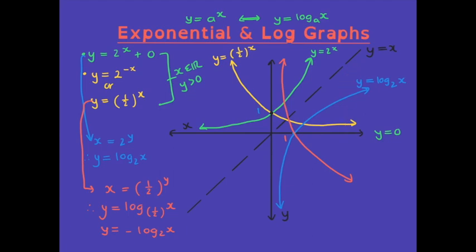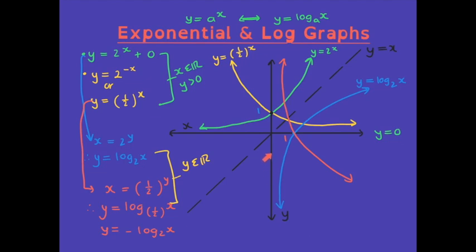If you now compare that to the domain and range for your inverse functions, just switch x and y around. Now there's nothing that restricts your red and blue graphs up and down, so their range is y is an element of the real numbers. Switch x and y around for the domain.